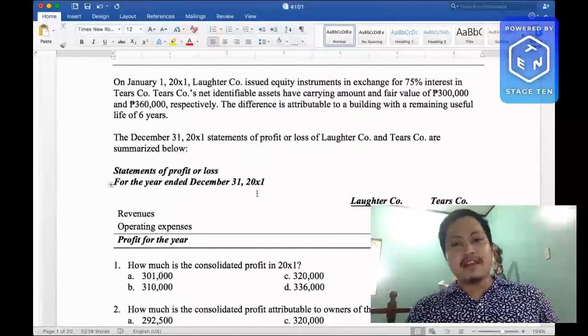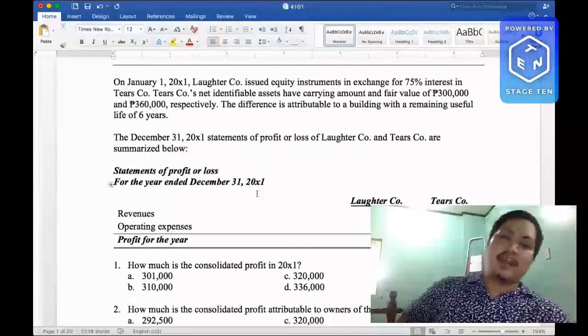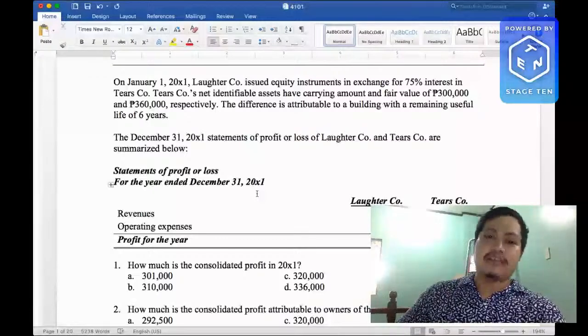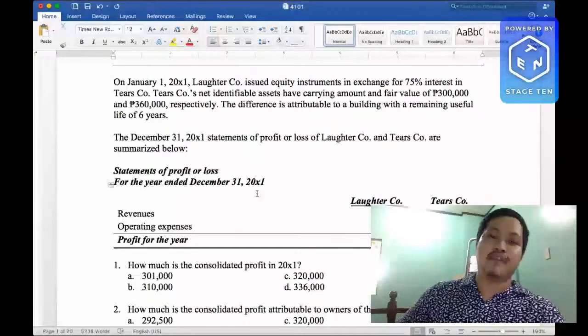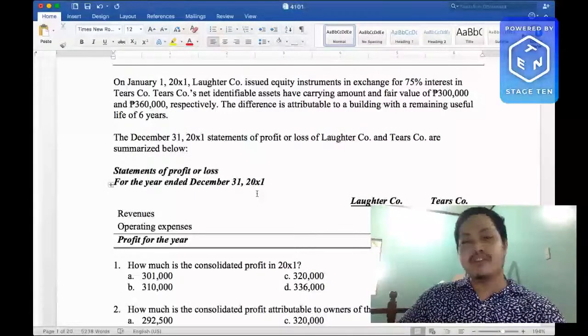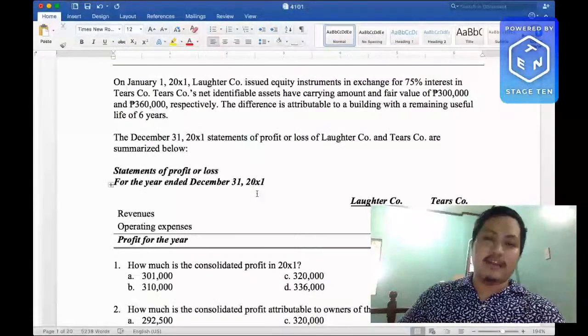But in the event that the subsidiary did not record any impairment loss, class, then it's possible that the depreciation expense of the subsidiary, as reported in its separate income statement, is greater than the amount that should be reported in the eyes of the consolidated entity.